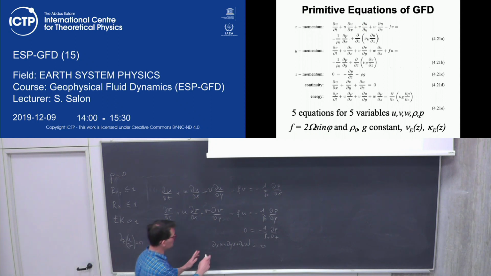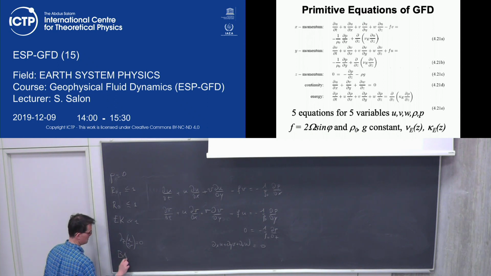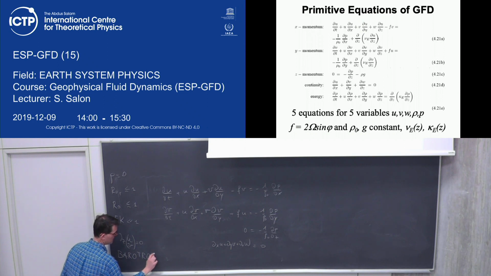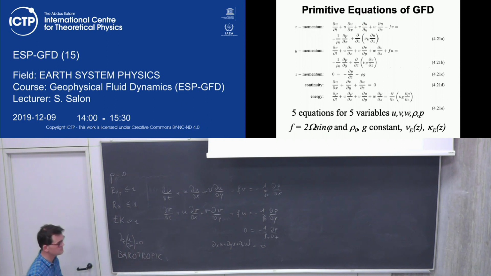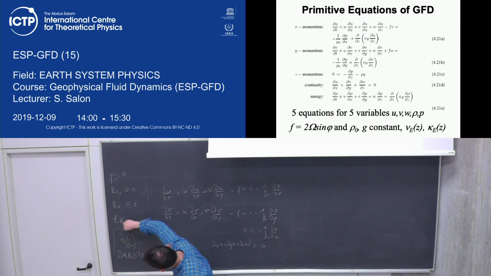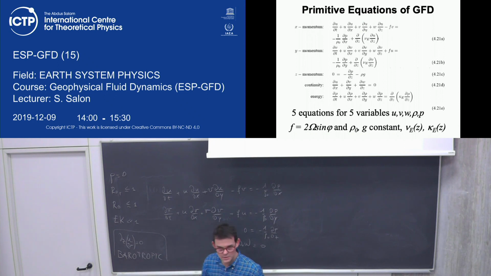Okay, so now we want to say what happens in this kind of flows, which we call barotropic. So we are moving from the geostrophy to the barotropic flows, which are basically defined by the no shear.